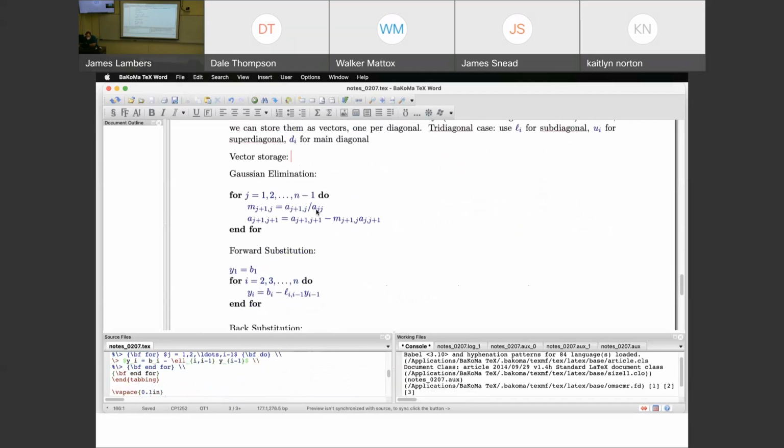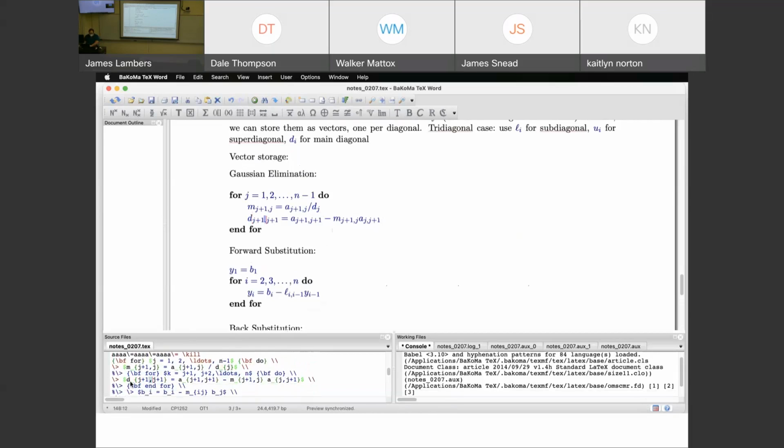Now, wherever I see a diagonal entry, like a_jj here, I'm going to call that d_j. And then here I'll have d_{j+1}. So I want everything to have only one index instead of two.